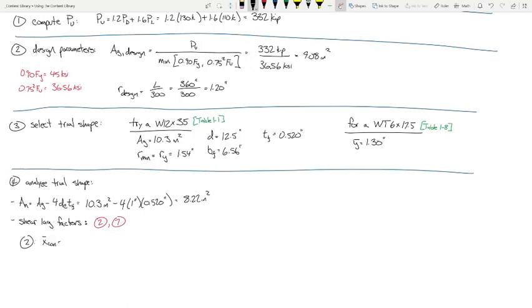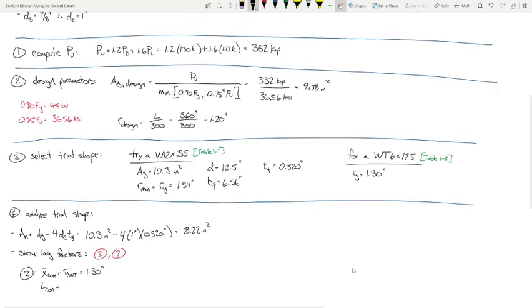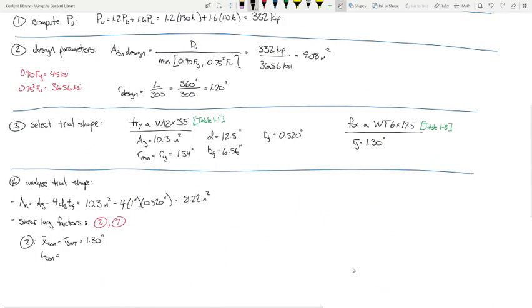And X bar is going to be the Y bar for the WT, which is 1.30 inches. And what is the connection eccentricity going to be? Or sorry, the connection length. What is the connection length for this problem? 8 inches. So what is 1 minus 1.3 over 8? 0.8375. So we'll say 0.838.